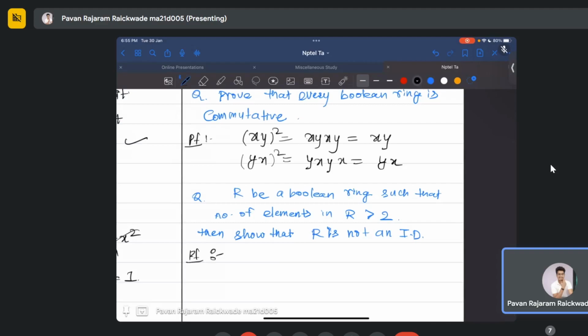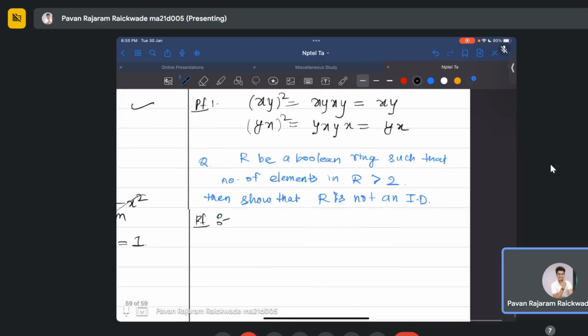So basically the only integral domain which is a Boolean ring is Z2. It has to be a ring with two elements only. So how to show this?